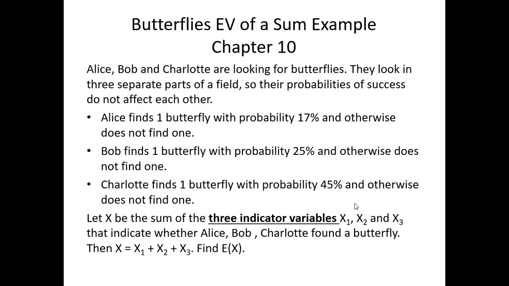So here we use these to indicate whether Alice, Bob, or Charlotte found a butterfly. So then we let X be the sum of these Xi's. So it's sort of like you're breaking down the problem into cases. Each one of these cases is pretty easy to work on, and then we can add these up to find E of X.